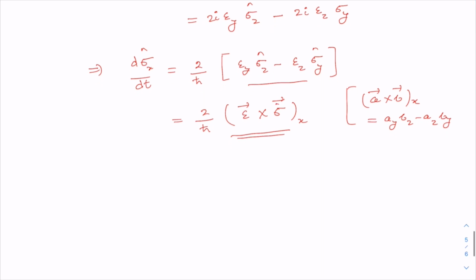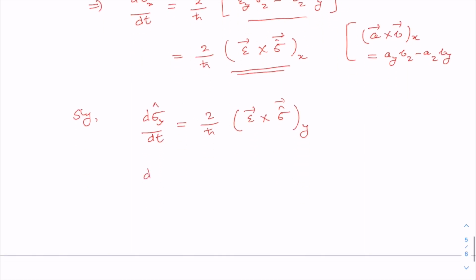Similarly we can get d sigma y dt is equal to 2 by h cross epsilon cross sigma, the y component, and d sigma z of dt is equal to 2 by h cross epsilon cross sigma, the z component.